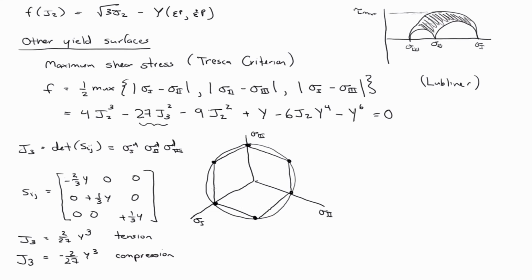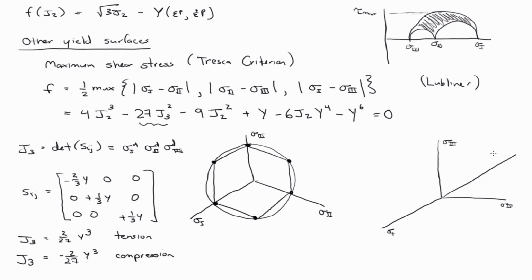But returning to the Tresca model, I just want to point out, I guess I'll try to draw it here in 3 dimensions. In 3 dimensions, we have the line sigma 1 equals sigma 2 equals sigma 3.